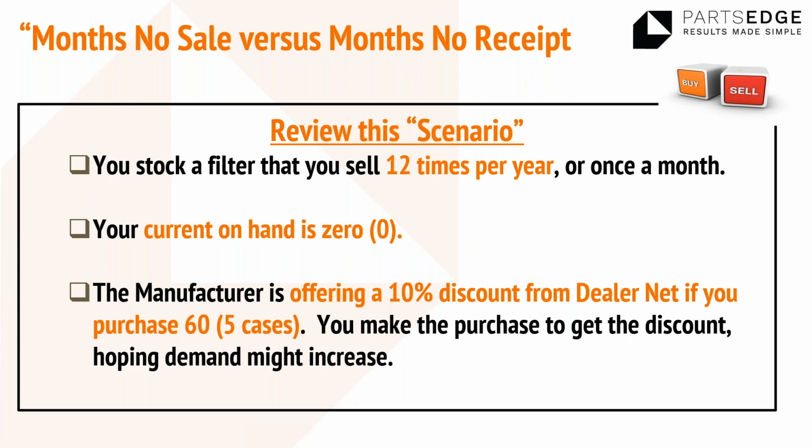You make the purchase, you get the discount, hoping demand might increase. Based on your current demand, all you have to simply do is divide 60 into 12, and you, in essence, just bought, based on current demand, a 5-year supply of these filters. And again, you're hoping it increases, but that 10% discount carrot looked really good.